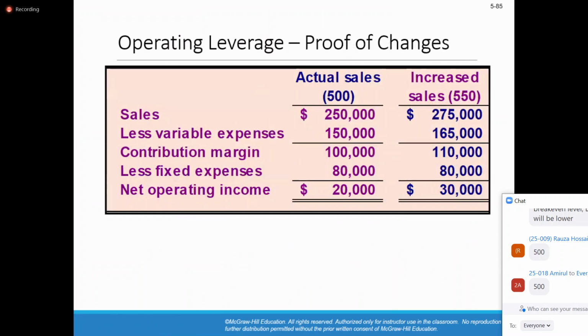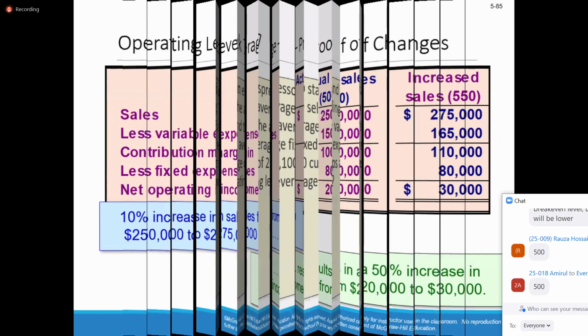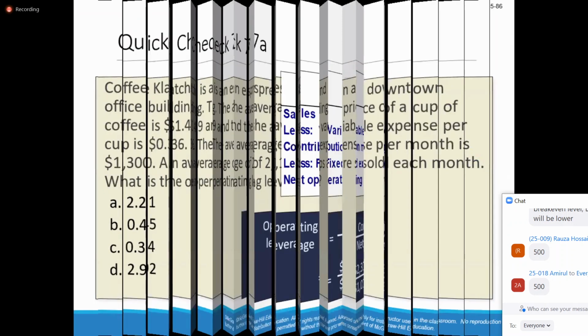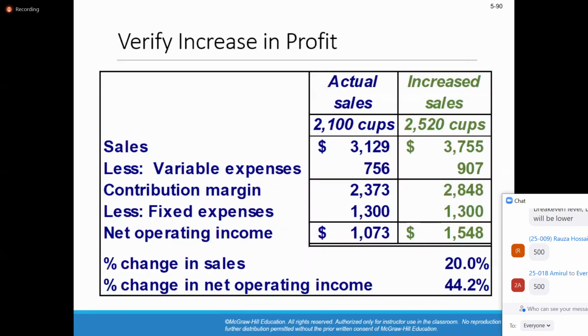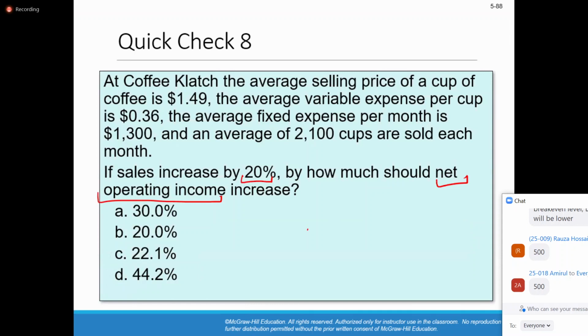So I mentioned it conceptually a couple of minutes ago, and this is the proof of how it happens: the degree of operating leverage becomes higher. You need to check it every time.